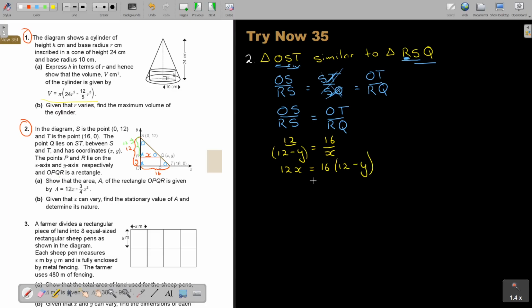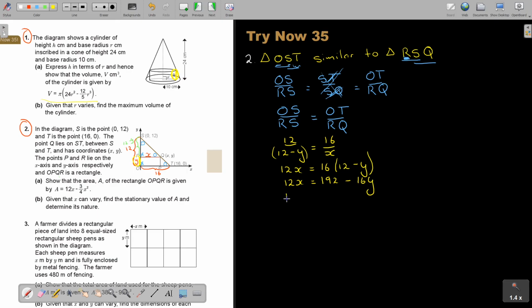Okay, now, let's just first multiply it out, then I'll tell you. So if I say 16 times 12, I get 192 minus 16y. Okay, now, in this case, what did I always make the subject of the formula? H. Do you see? So what am I going to make now the subject of the formula? Y. Because at the end, I want it in terms of x. I want to actually get y in terms of x, so that in this formula, there's only an x.